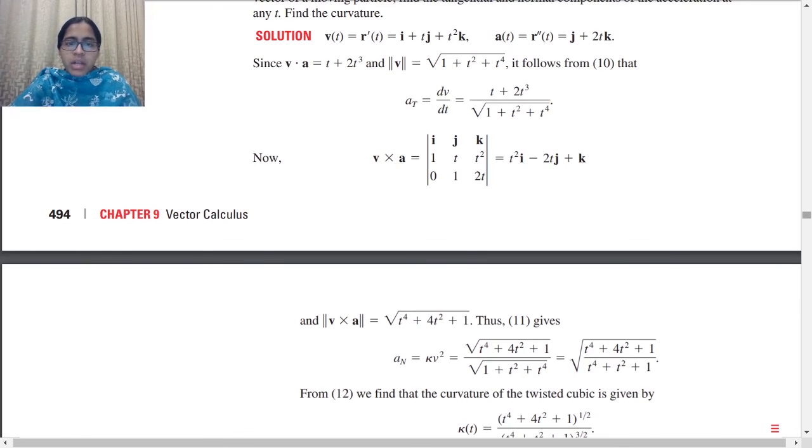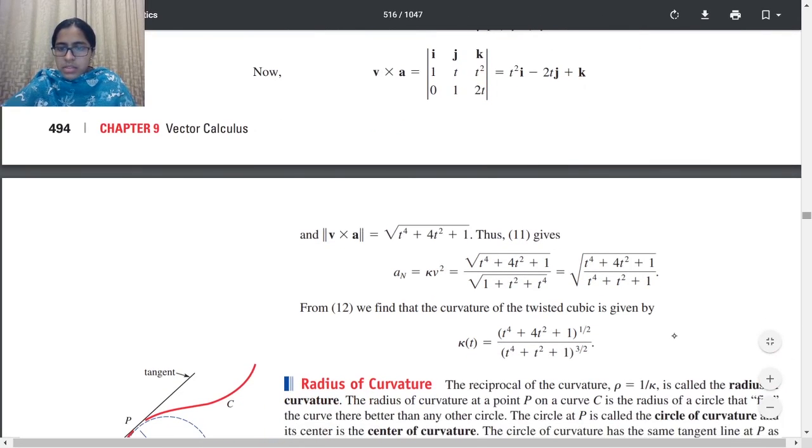Now what is v cross a? The cross product will be t square i minus 2t j plus k, and the magnitude will be none other than root of t raised to 4 plus 4t square plus 1. So a n will be root of t raised to 4 plus 4t square plus 1 whole divided by root of 1 plus t square plus t raised to 4. They are just writing it in a simplified form.